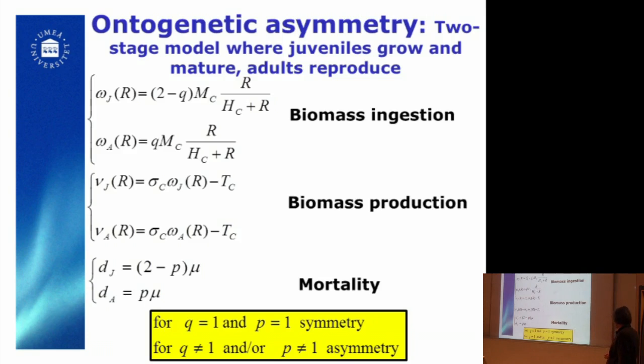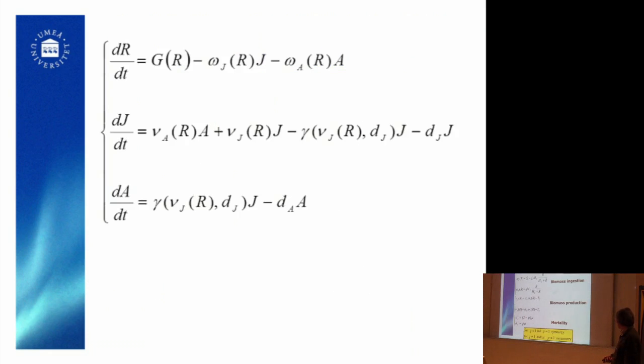So for Q equals 1 and P equals 1, we have symmetry. But for all other conditions, we have asymmetry. So that is basically a simple way of using this stage-based approach to explain what is ontogenetic symmetry and ontogenetic asymmetry.